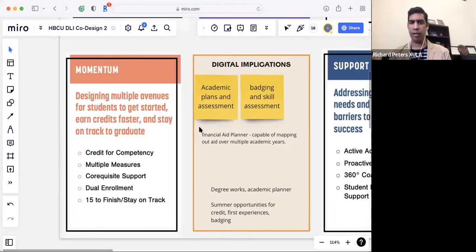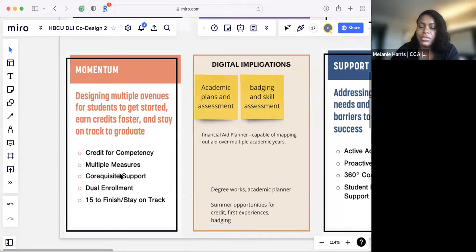We talk about opportunities, like badging and making sure that students are aware and are planning alongside their advisors to complete and matriculate in a timely fashion. I think this is where we can best utilize our technology, and I'll let others in the breakout room share.